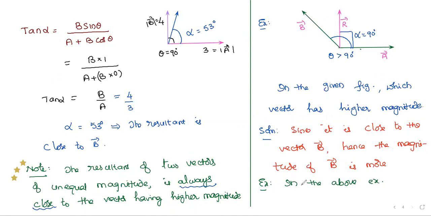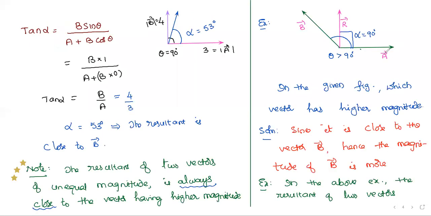Why should you complicate this one? Then here in the above example, look there. The resultant of two vectors is perpendicular to the vector having lesser magnitude.